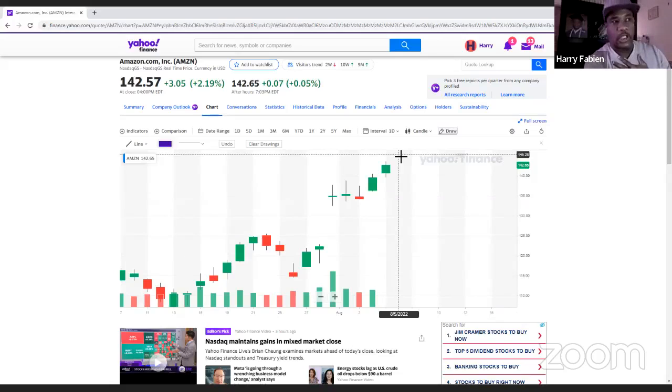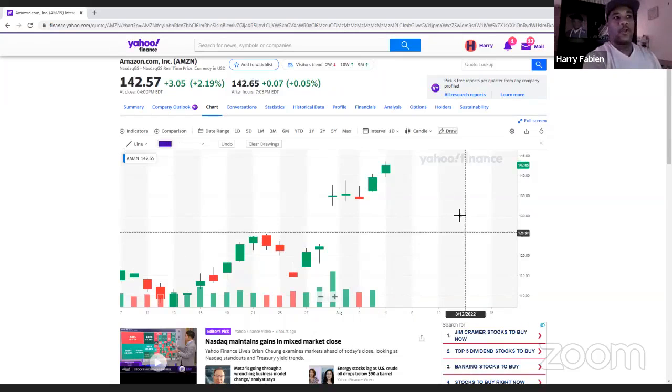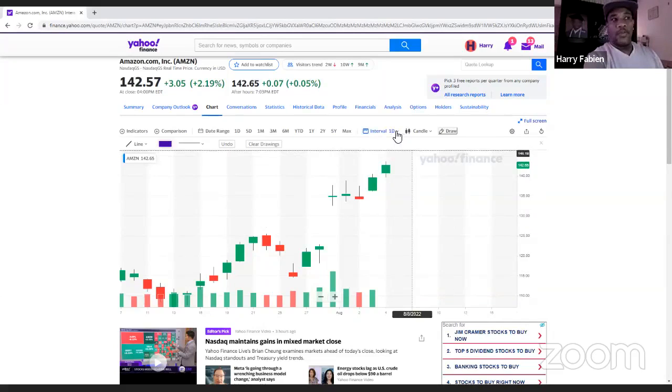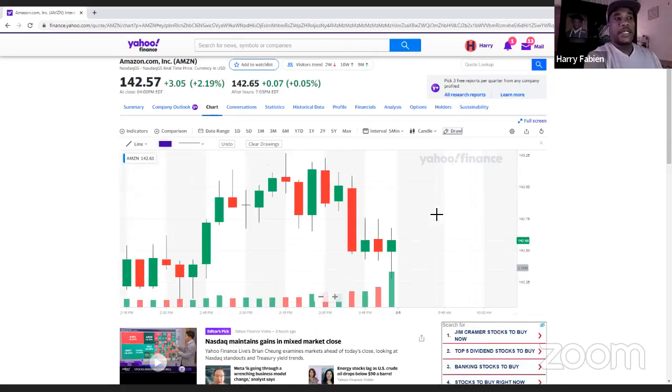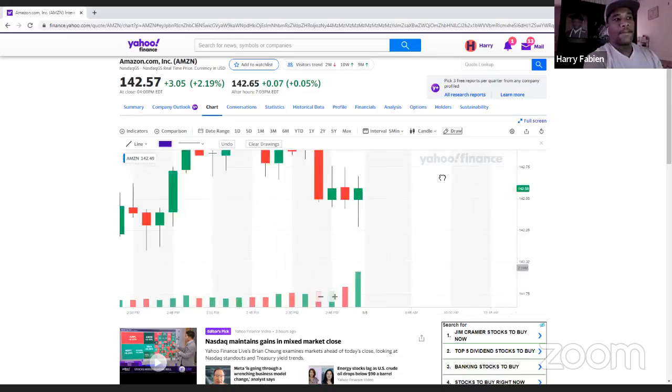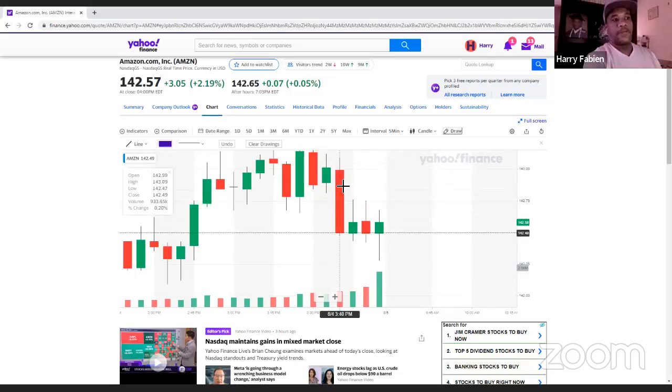Now, if you want to see the chart in 5 minutes, what you have to do is just go to interval, you click this, and you put 5 minutes. At that time, you see it's changed. That means each of those candles represents 5 minutes.